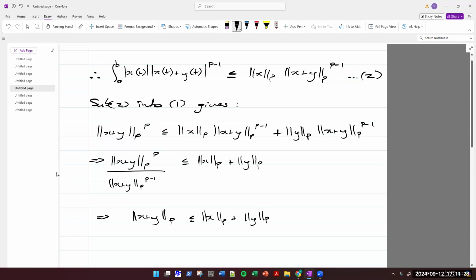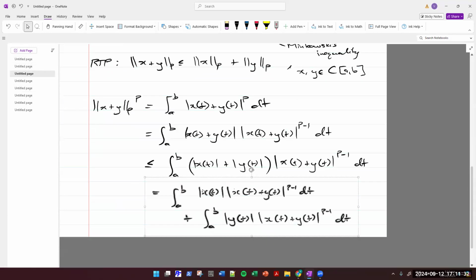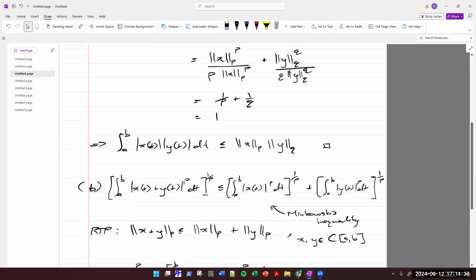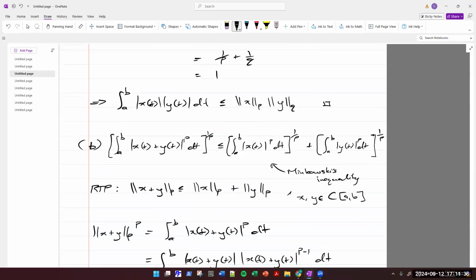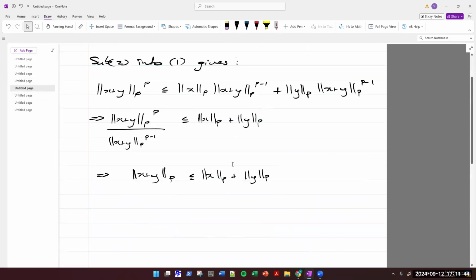All right, so finally that is Minkowski's inequality. Okay, that's what we needed to prove. So that's the proof.